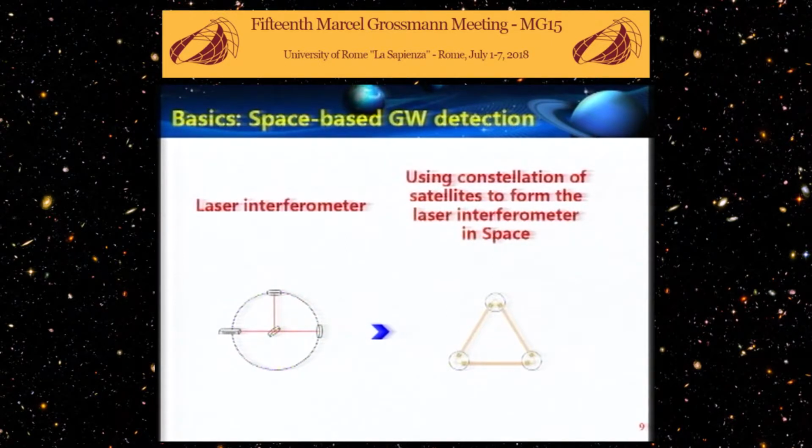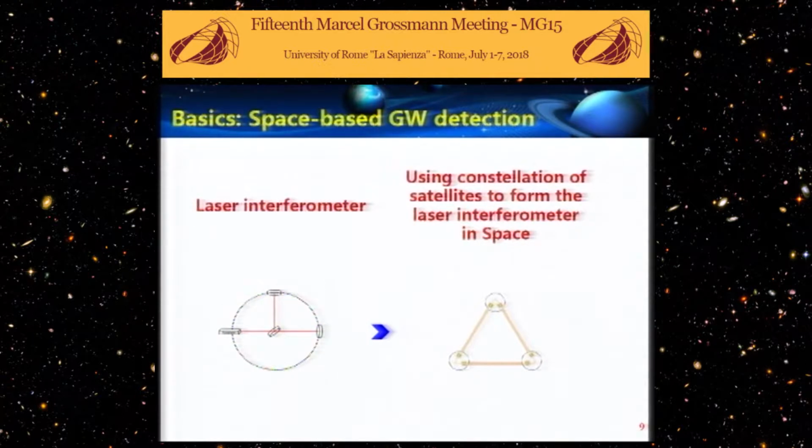This configuration is just like this one, but we have additional links between the satellites, so this is redundant for us. So we can get a residual signal from this system. This gives much more confidence for our final result.